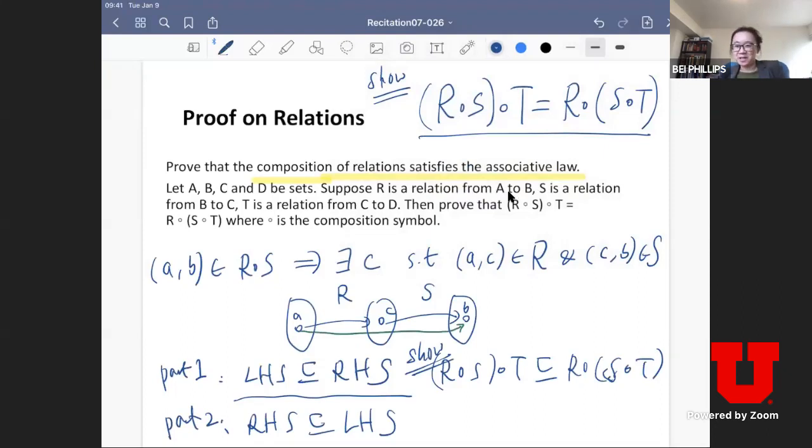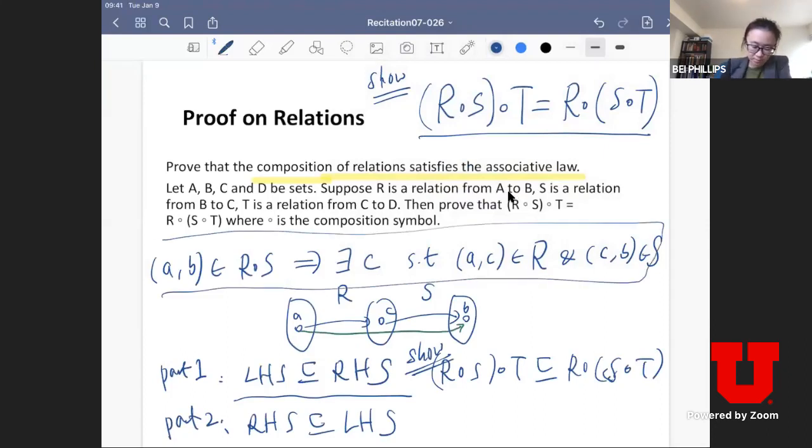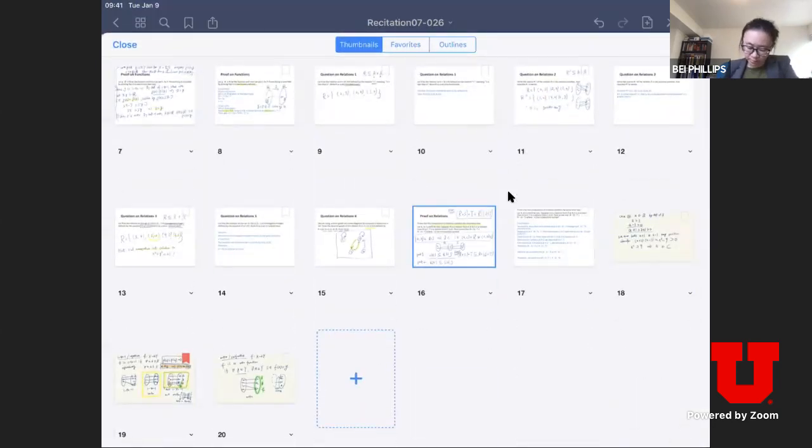Do I have a volunteer for this? This is probably the hardest question in this current recitation. It's very much a bunch of, what's the right word? Bookkeeping. And it's based on the definition of composition of relations, which is this one here. You can raise your hand or you can unmute yourself.